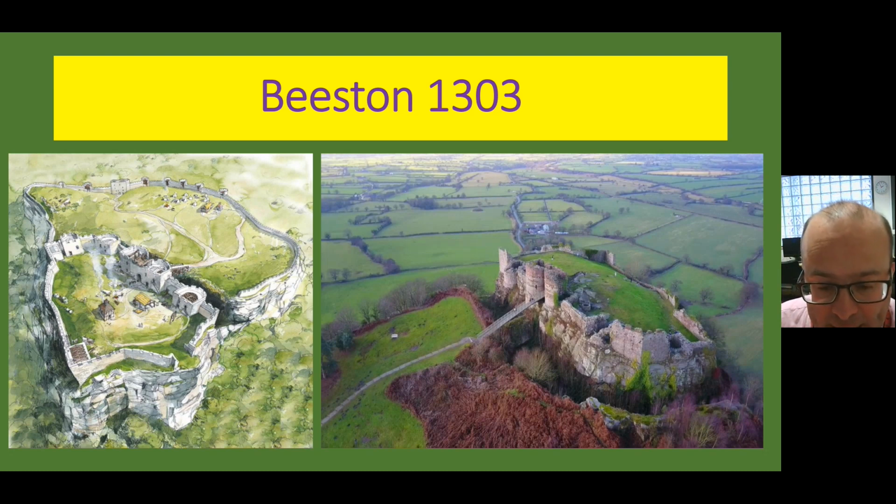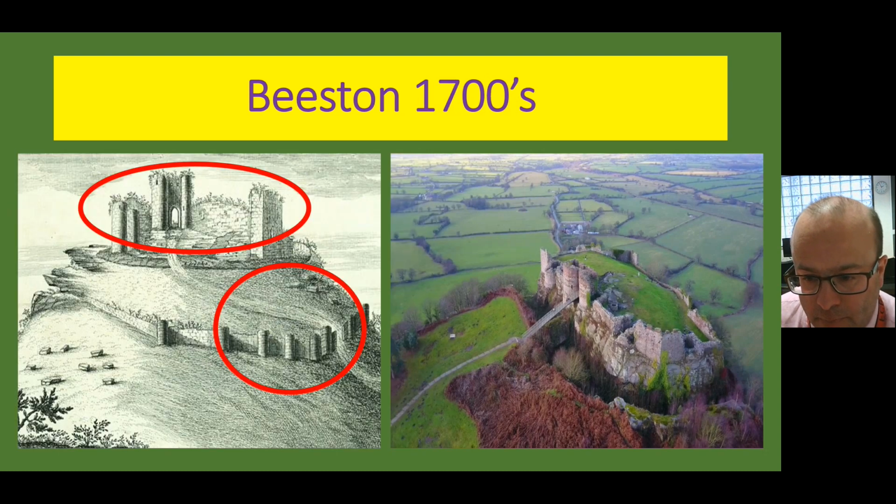And you can see that on the left, original huts where food supplies were kept and stored and cooked. There's none of that now on the site in the present day. There's been a lot of change. In the 1700s, after the Civil War, again you've got an artist's drawing on the left.